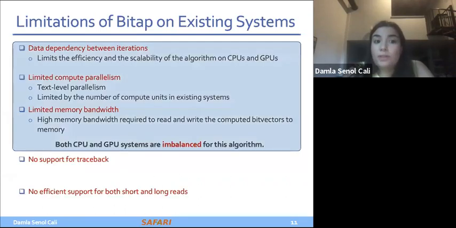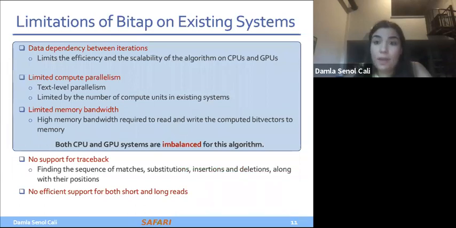And there are 2 additional algorithmic limitations of the baseline Bitap algorithm. First, there's no support for traceback, which is a critical step of read mapping. This step finds the sequence of matches, substitutions, insertions, and deletions along with their positions. So it's not only finding the location, it's also finding the actual alignment information.